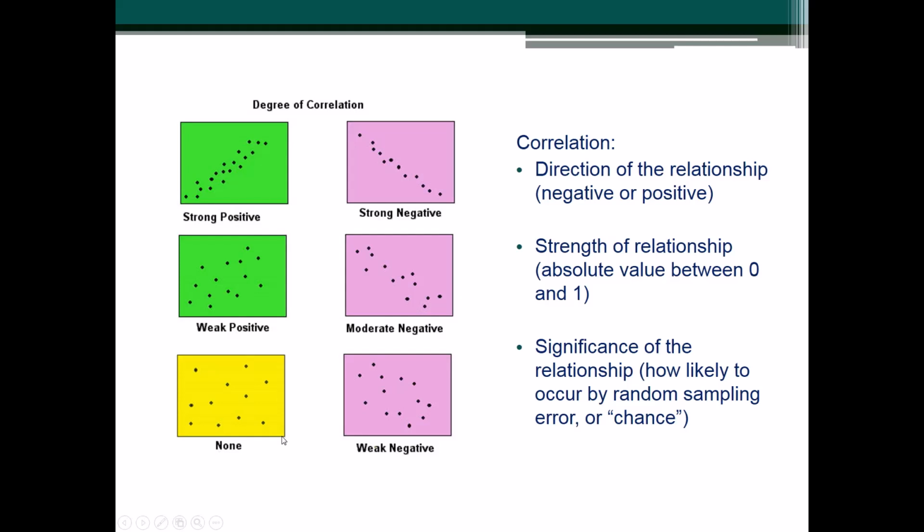When we're talking about correlation, then we can talk about three things as shown here in the text. So we can talk about the direction of the relationship, if it's positive or negative. We can talk about the strength of that relationship, and that really relates to how tightly clustered those points are along the diagonal. And when we talk about that statistically, we talk about that as a value between 0 and 1, or an absolute value between 0 and 1.